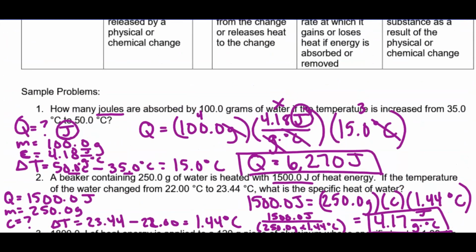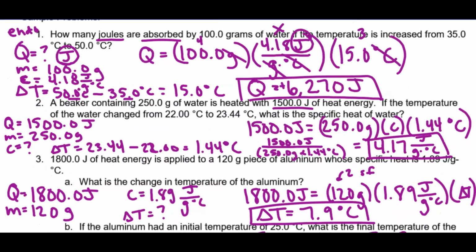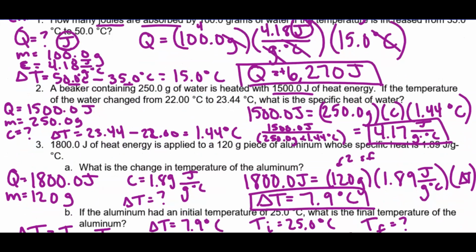Let's take a look at the problems that we've done and see if we can figure out if they were endothermic or exothermic. In number 1, it says that the joules of energy are absorbed. That means that it is endothermic. This energy is going in. The other way we know is because Q is a positive number. In number 2, it's being heated with 1,500 joules of energy, and the temperature went up.